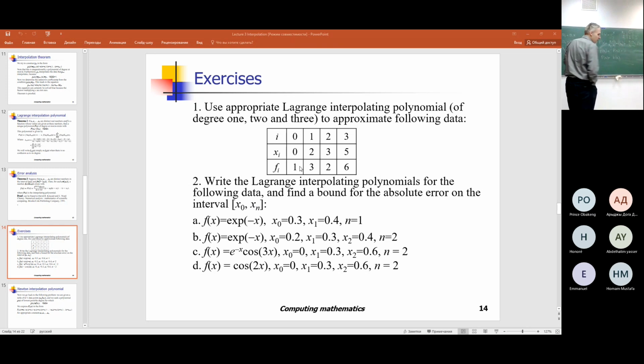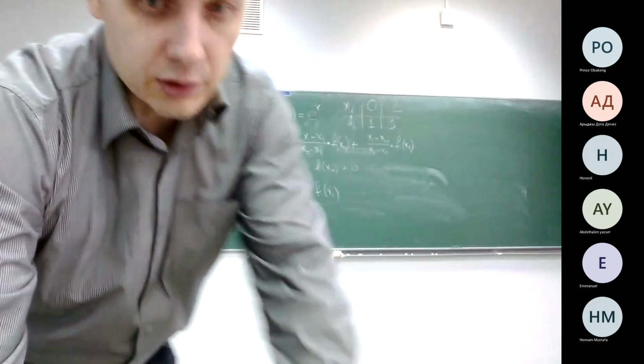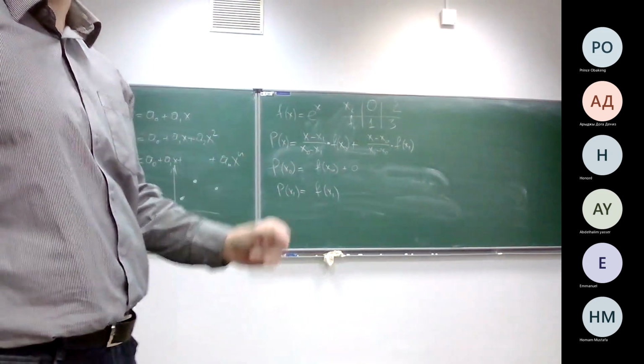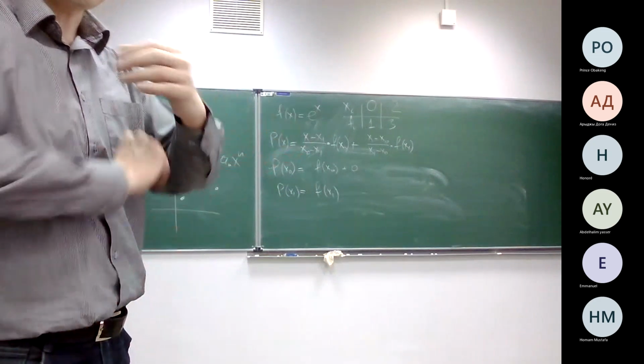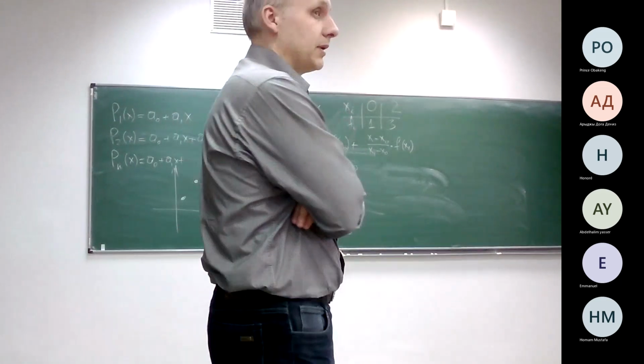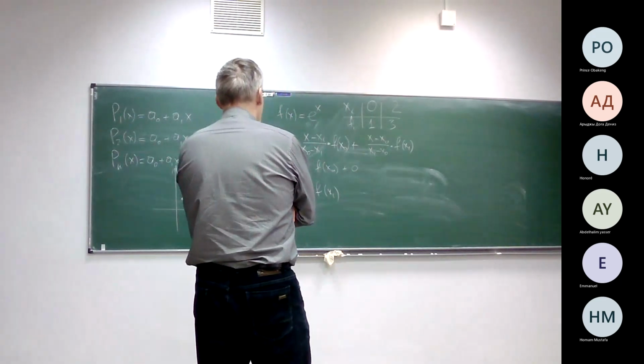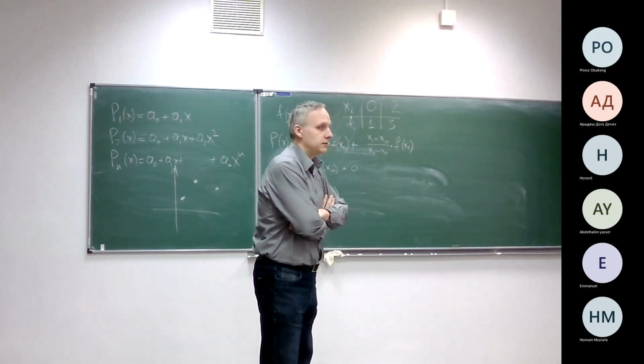Try to do it. Well, do you understand the task? The initial information is written here in the first two columns of this table, 0, 2, 1, 3, and I also reproduce this data on a board. I ask you to find the first degree interpolating polynomial.